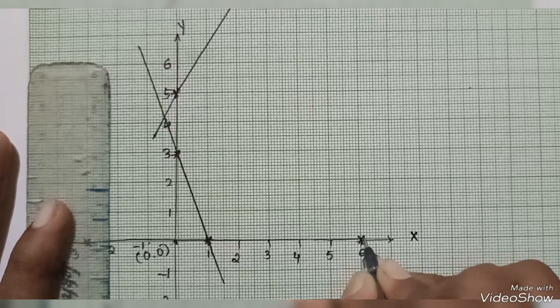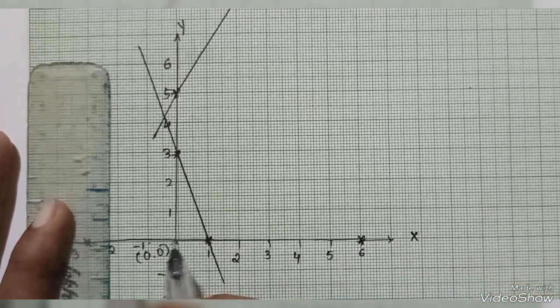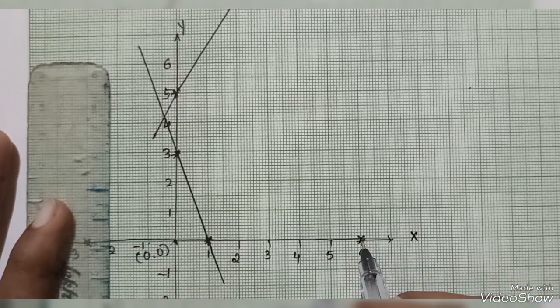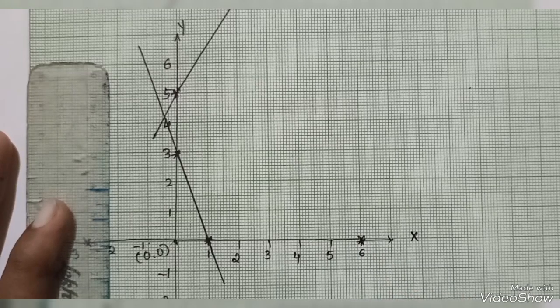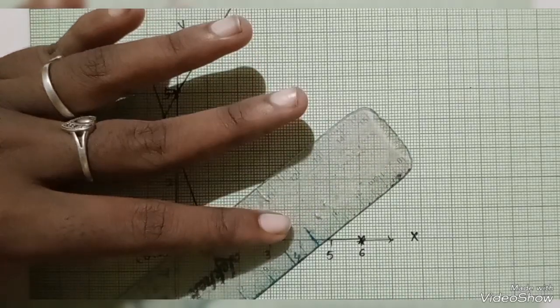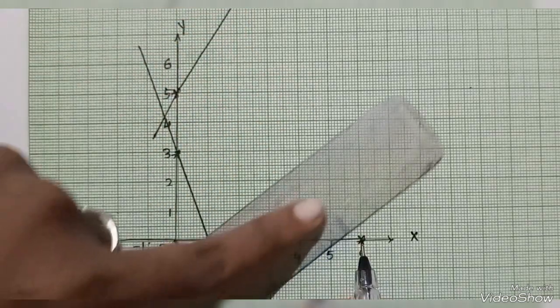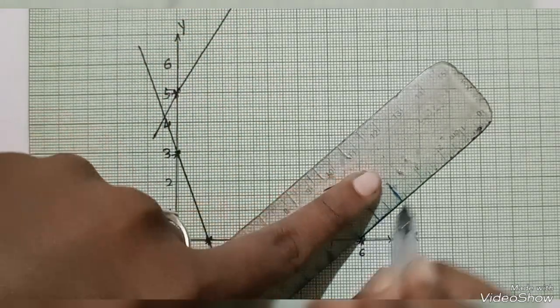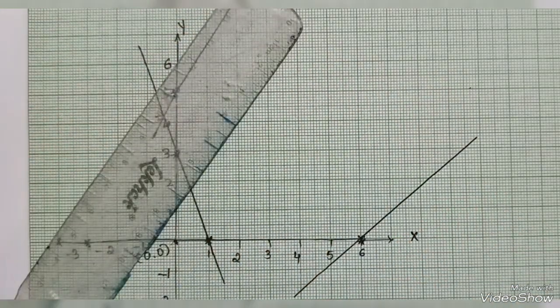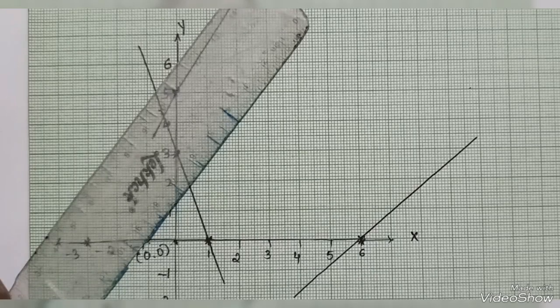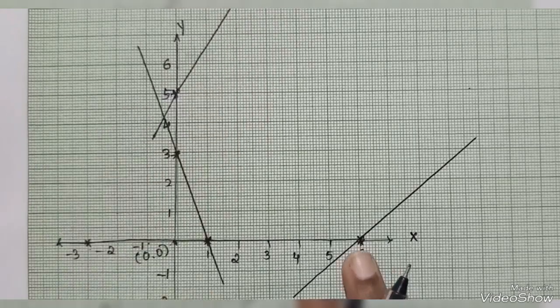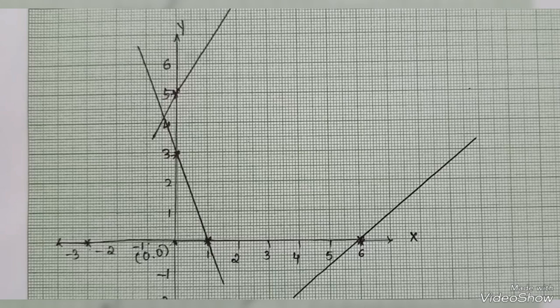Here there is a point 4 here. So I am not considering drawing a line there, so I will extend only here. Okay, don't consider this point. Here we have the graph, that is this much.